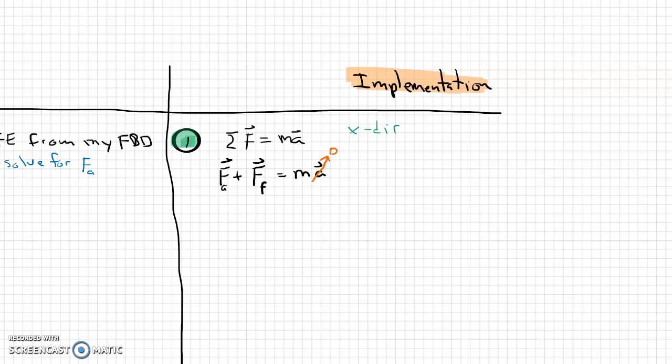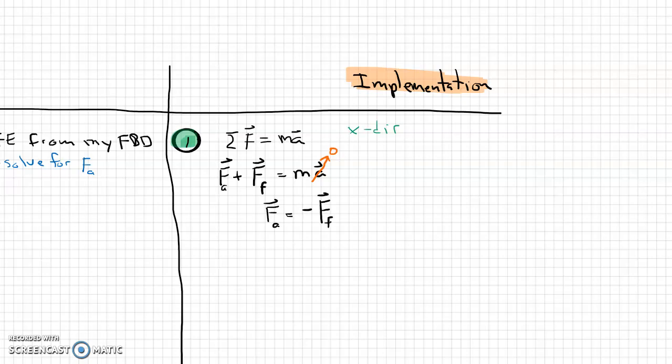Because again, we're reaching that point just before it starts to move. So we're saying it's just ready to break free. So we're still having an acceleration of 0. So basically what we do here, if we solve for the applied force, it is going to be equal to the negative force of friction.